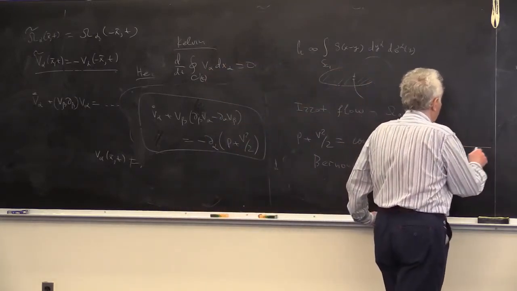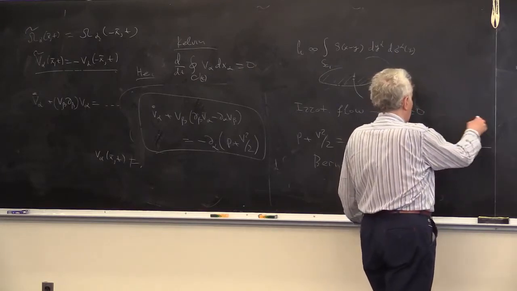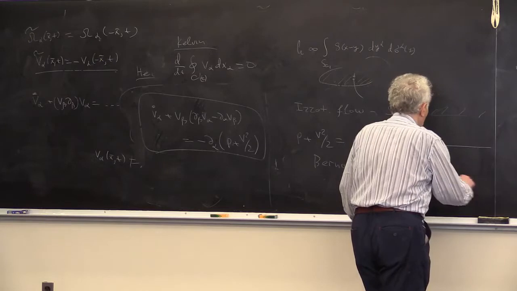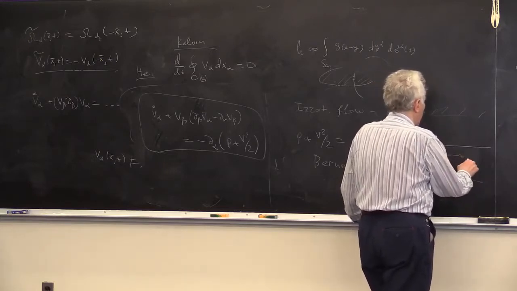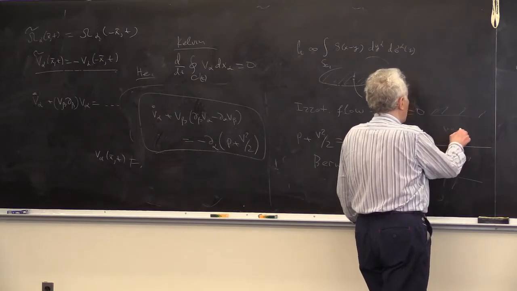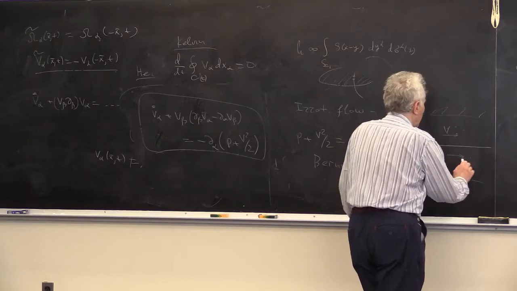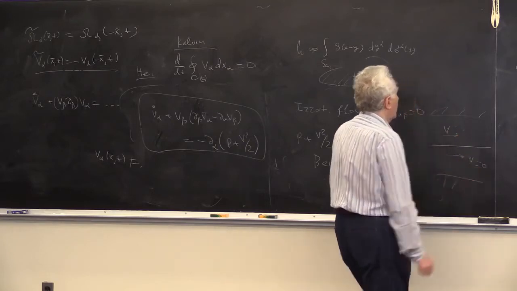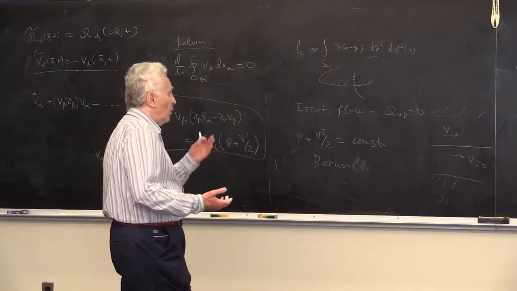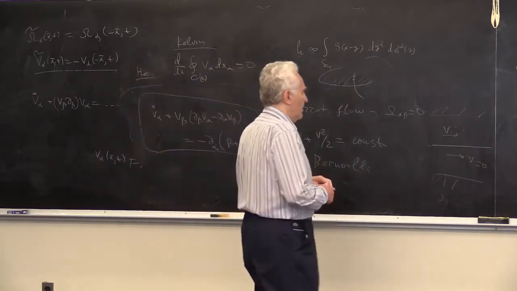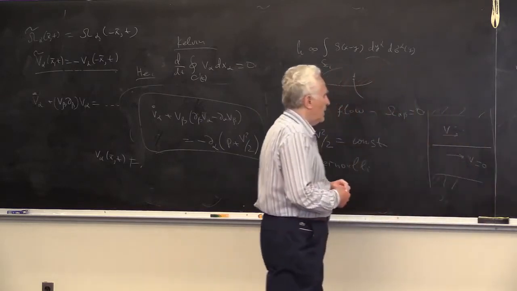Let's suppose that we have two fluids, say inside some walls, and one part of the fluid moves with velocity v, and another part is v equals 0. And this is a possible solution of the Euler equation.